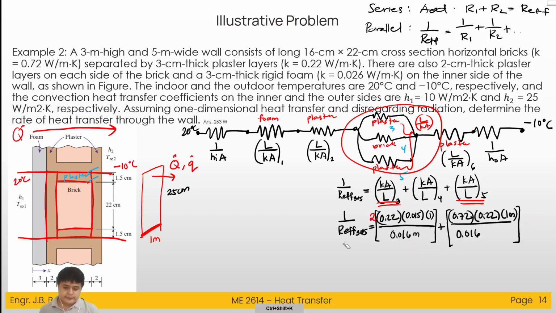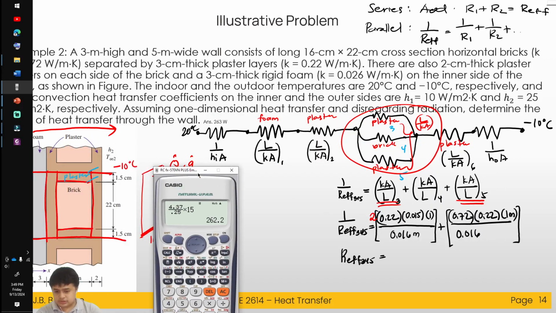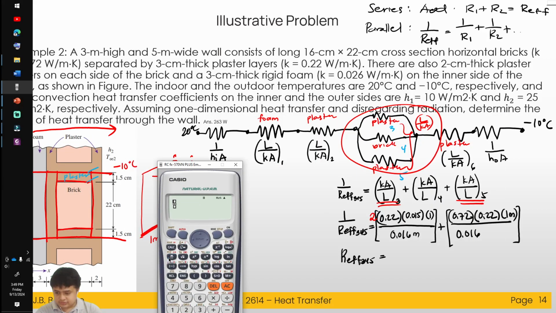So if you solve for this, you can find the effective resistance of 3, 4, 5 using your calculator. I'll just show you how to do this. If you want, you can just directly shift solve.